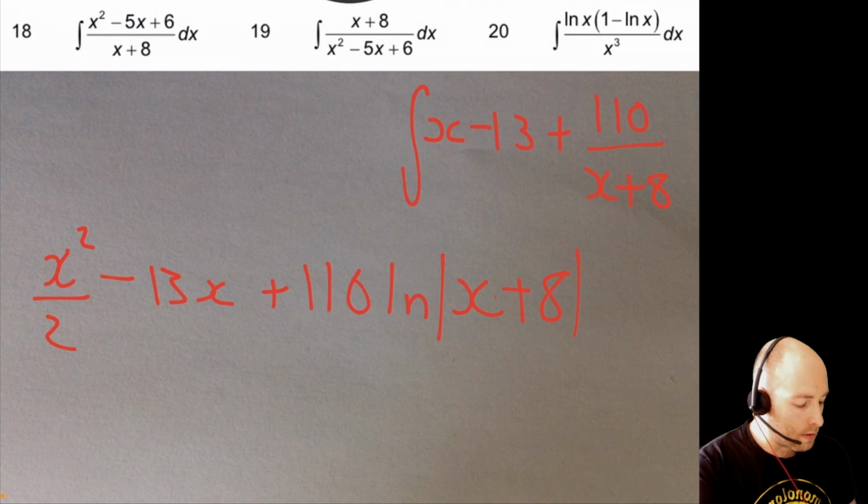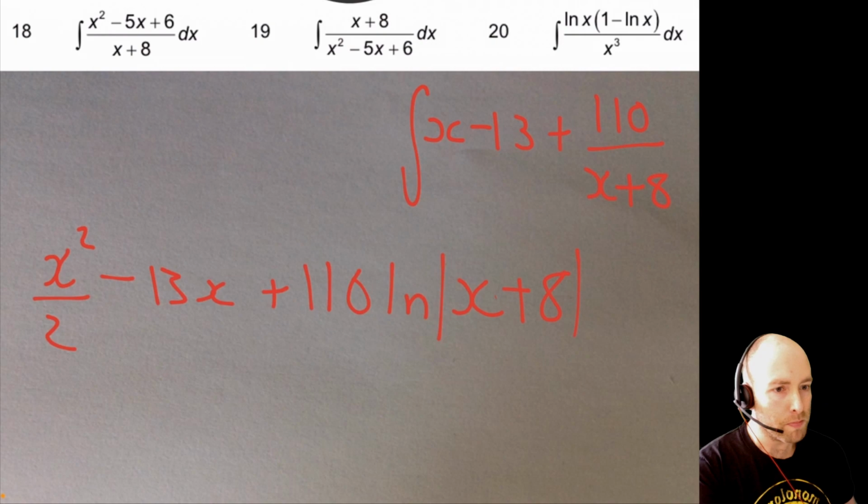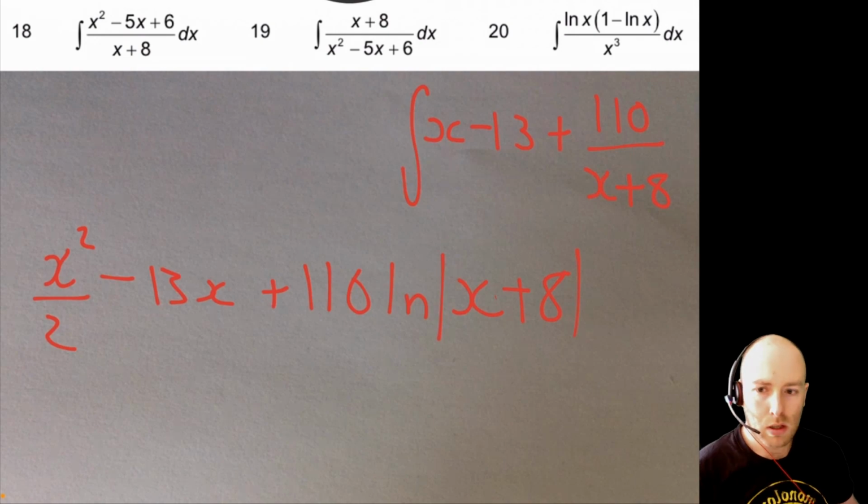I think that's what Dan got there. Is that what you got, Dan? Half x squared. Yeah, that is cool. All right, and Kez, you got those two. Good. I'm assuming the rest of you did.